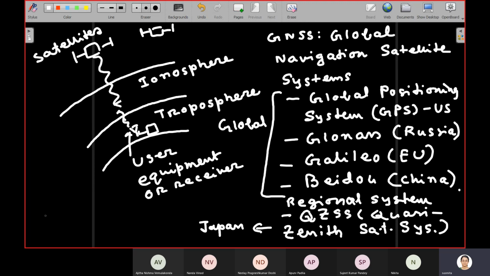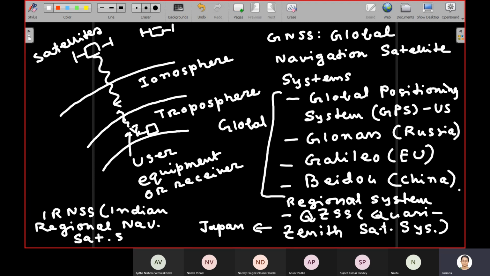The second regional system is IRNSS, Indian Regional Navigation Satellite System.